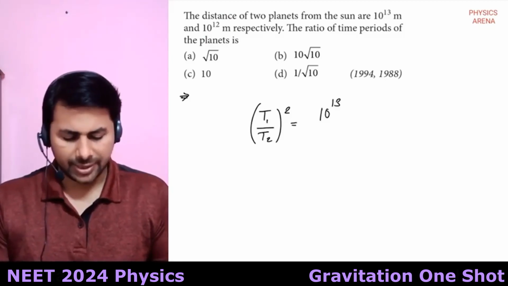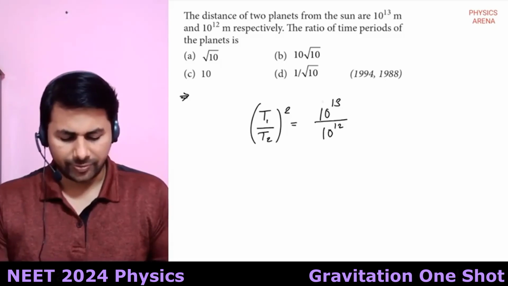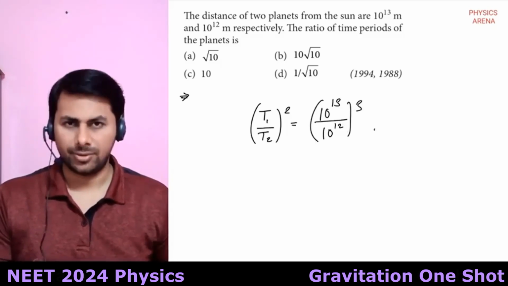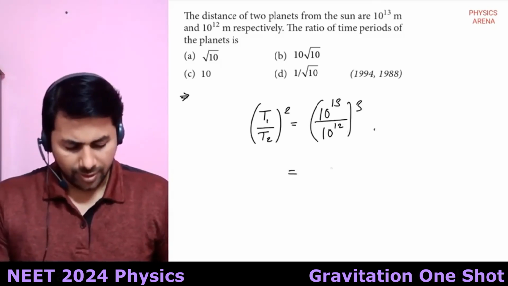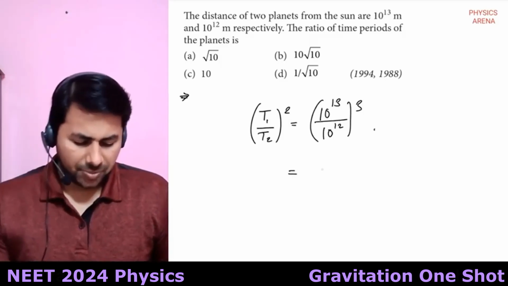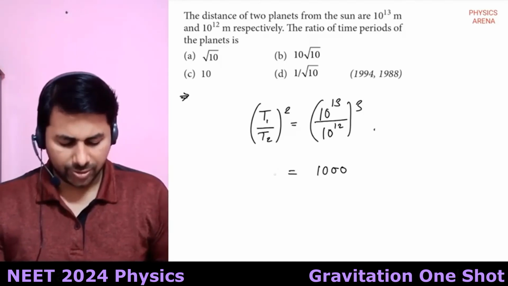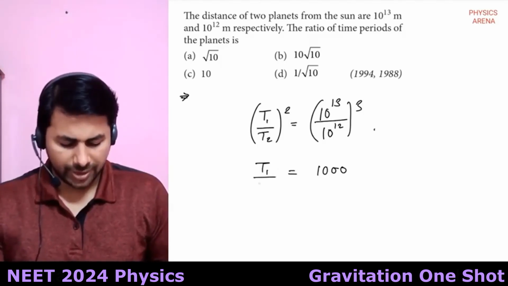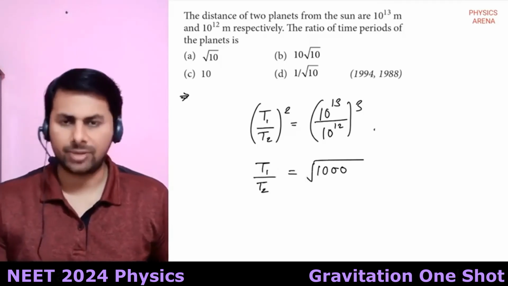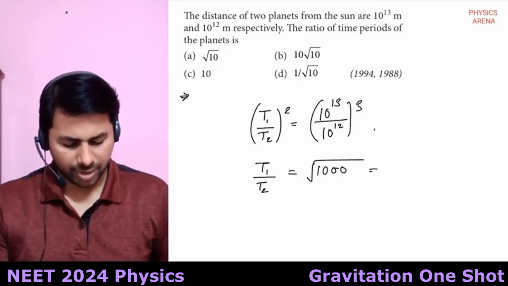So I will directly write 10 raised to 13 by 10 raised to 12 whole cube. So this is 10 cube, or you can say 1000. This is T1 by T2 square. Therefore, T1 by T2 will be square root of 1000. How much is it?